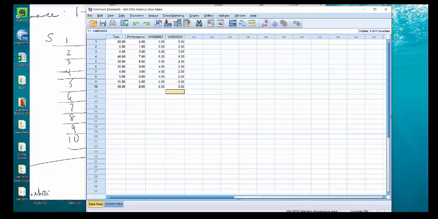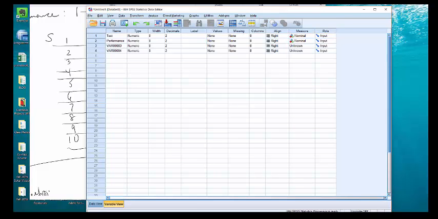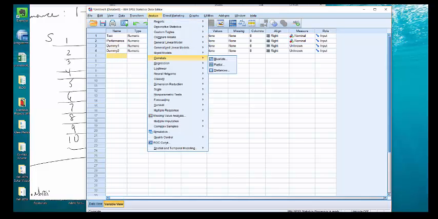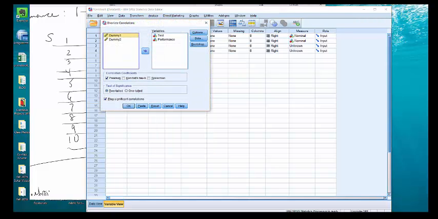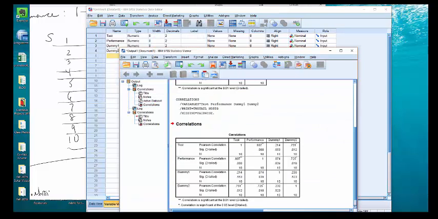All right, so I just plugged in a couple other variables just for the heck of it, and we'll call it dummy 1, dummy 2, and now let's, as we did before, do a bivariate correlation. Let's put dummy 1 and dummy 2 in there. And so we have this table now.